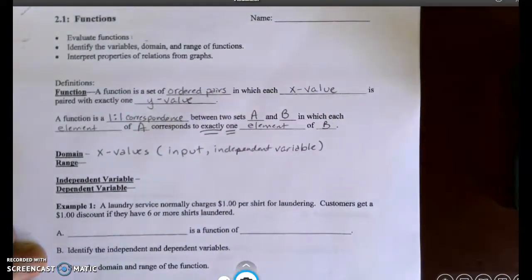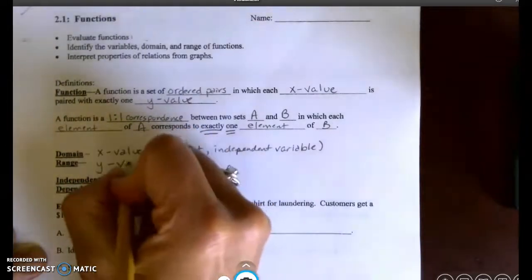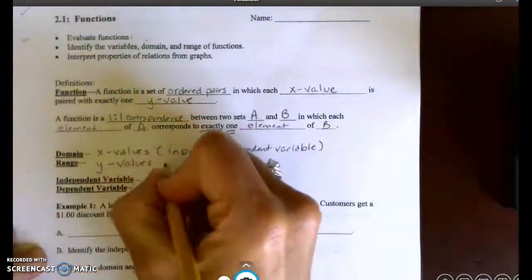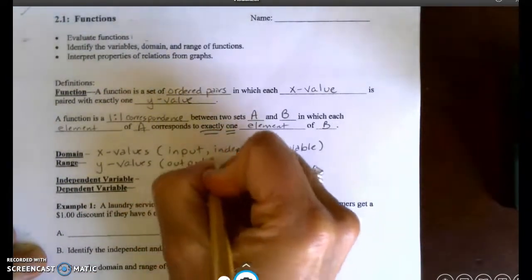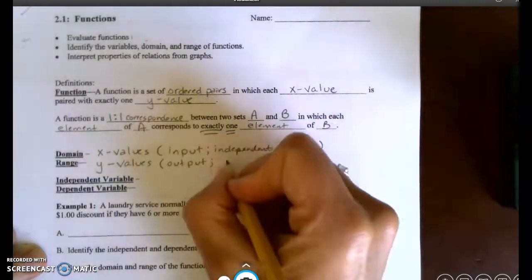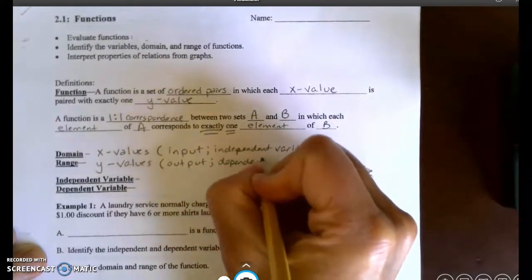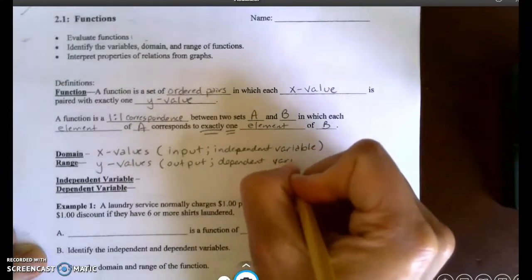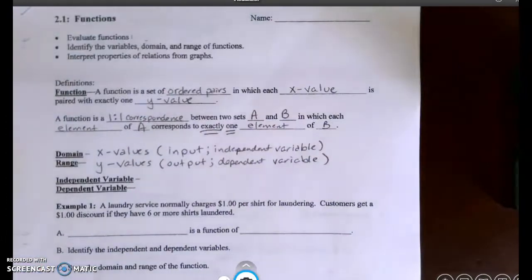The range is always the y values, which is your output, or your dependent variable. All right, so these are all terms that you've heard before.